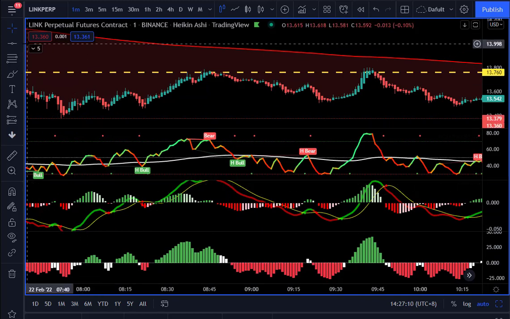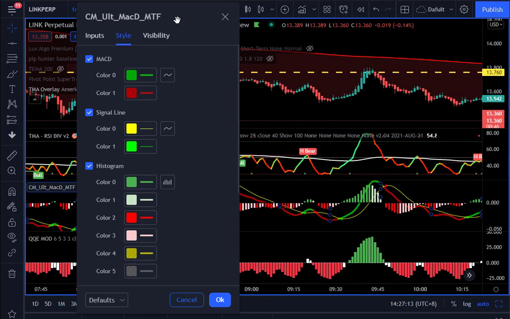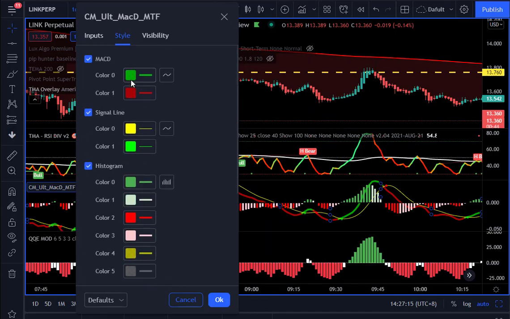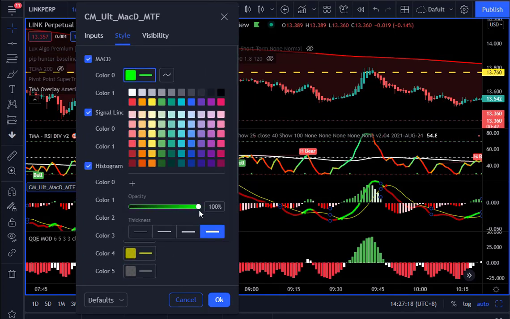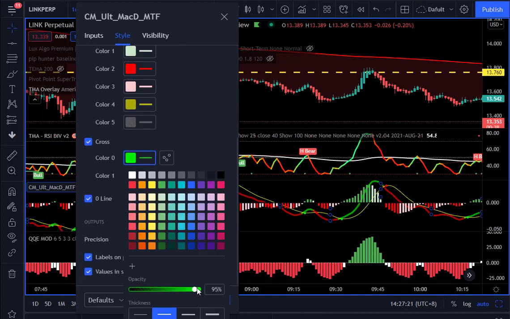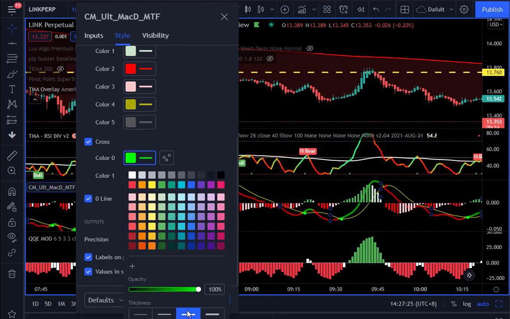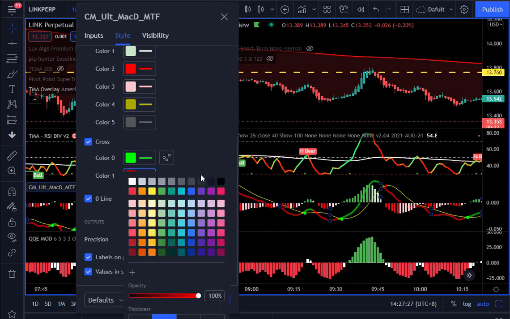In case it's not very obvious, like right now, what we can do is increase the color to make it more obvious, and make it a bit bigger.